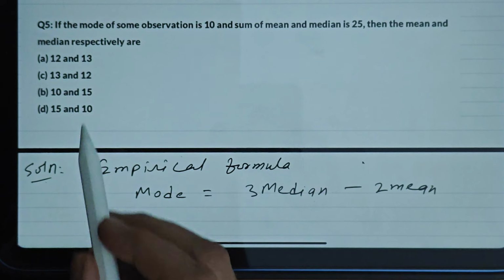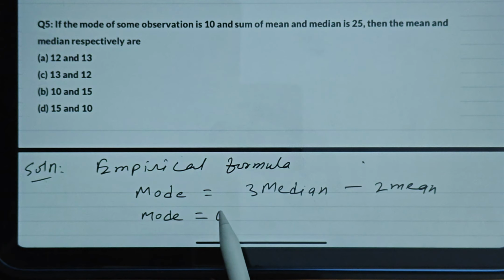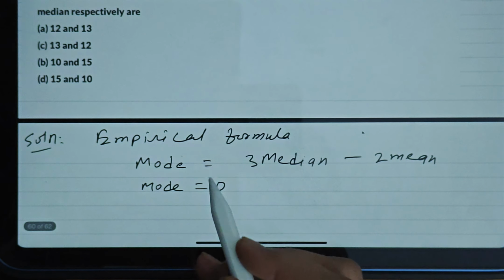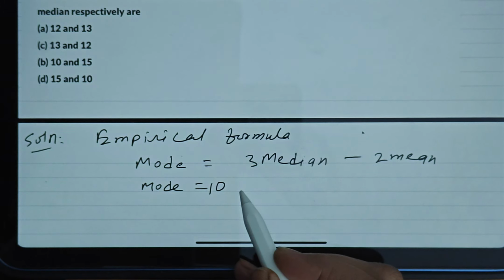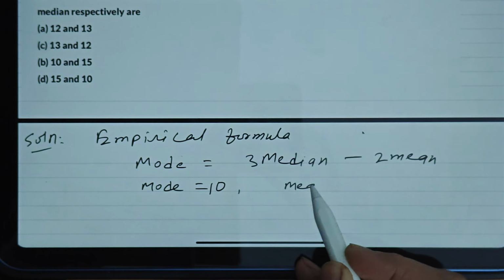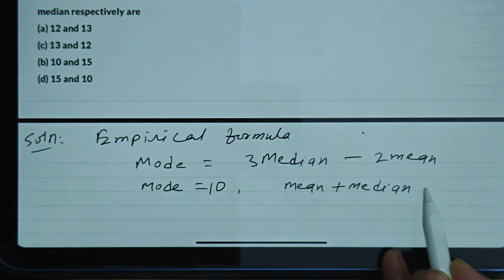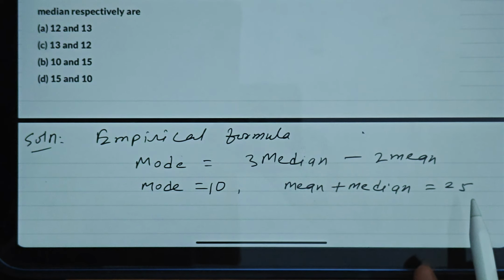Mode equal to. Now mode of some observation is 10. So you have mode as 10, and 10, not 0. One more information. Sum of mean and median, means mean plus median, is given as 25.